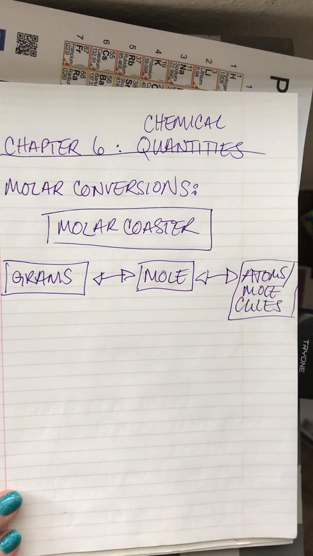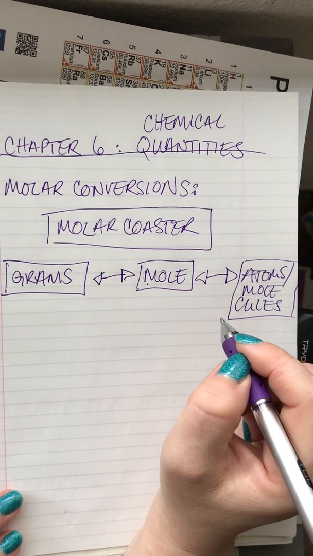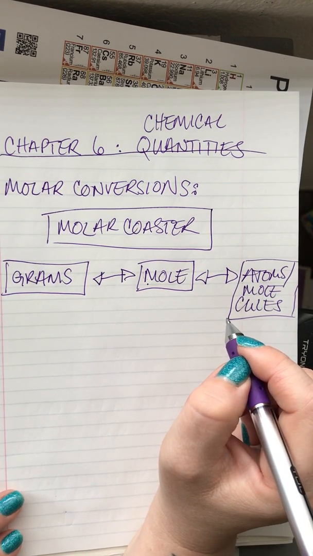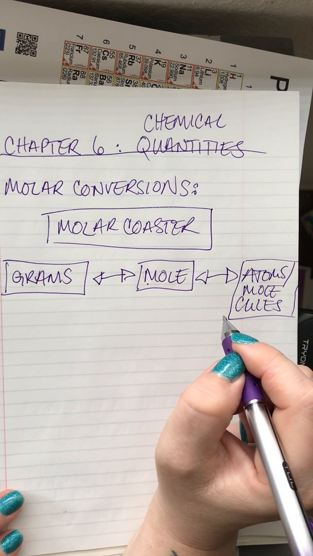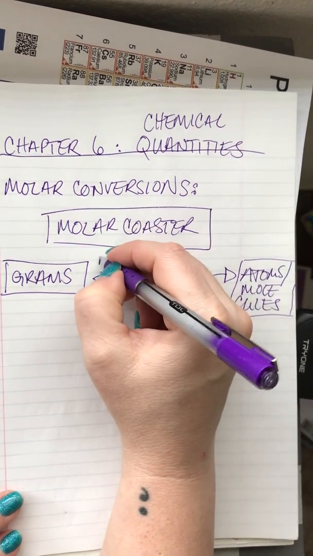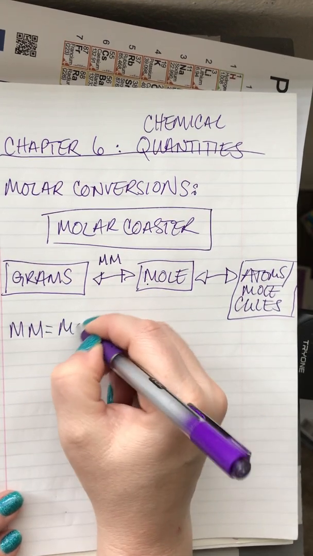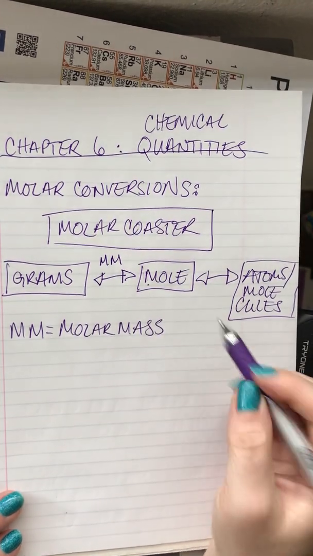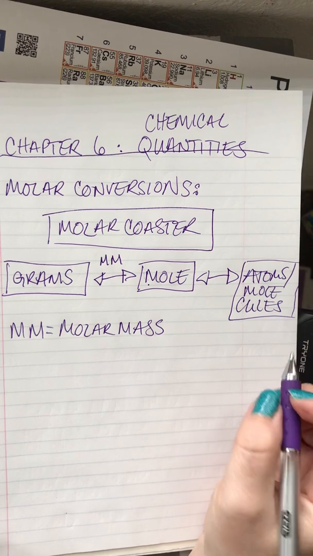Right? And going from grams to moles, what is the piece of information we need? Molar mass. The molar mass, that's right. And then going from moles to atoms or molecules, what's the piece of information we need?